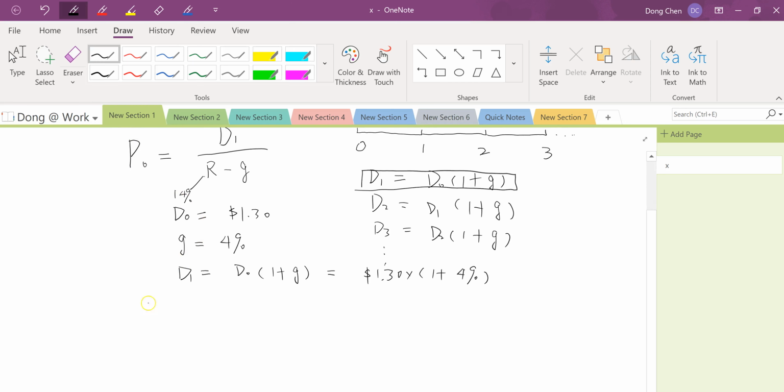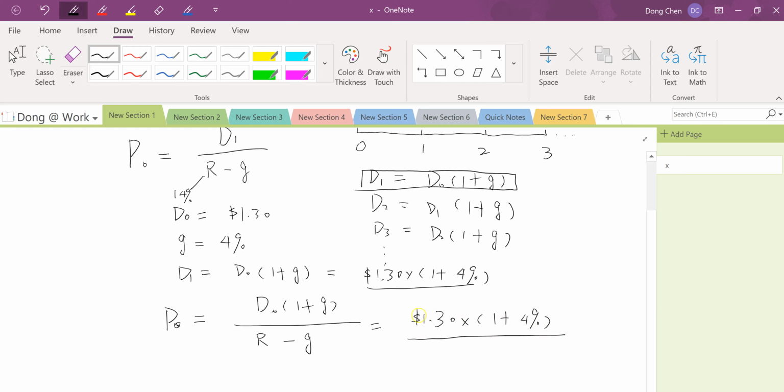So now if I plug everything into this formula, so D1, that's D0 times 1 plus g, which is here, and that further divided by R minus g. So this gives me 1.30 times 1 plus 4%, and R is 14% minus 4%.